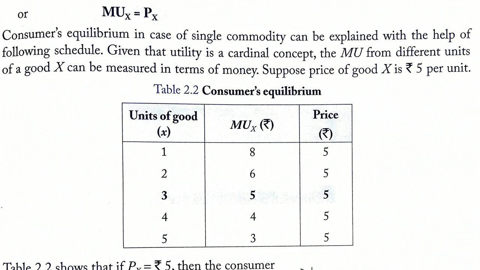So you can see this table in which the consumer is consuming several units of the commodity. Price is rupees 5 at each level. When he consumes the first unit, he is getting a utility of 8. So at an expense of 5 rupees, he gets utility equal to 8, and gradually when he consumes more and more units, the utility starts declining.